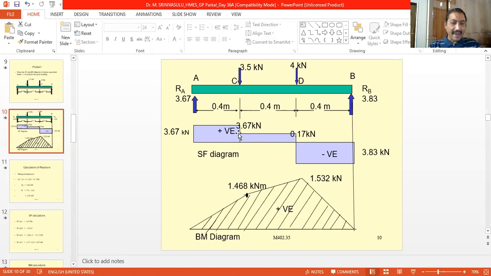But due to the action of the point load of 3.5 kN, the shear force at point C suddenly increases to 3.67.